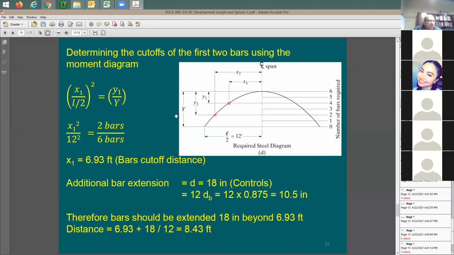How about x2? Can someone help me with this x2 quick? Yes? This is going to be x1. You're going to take it out, remove it, put instead x2. So I'm going to say this is going to be x2, right? And instead of 2 rebars, put 4 rebars.